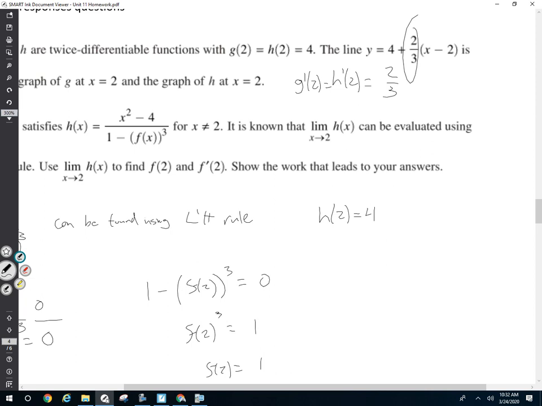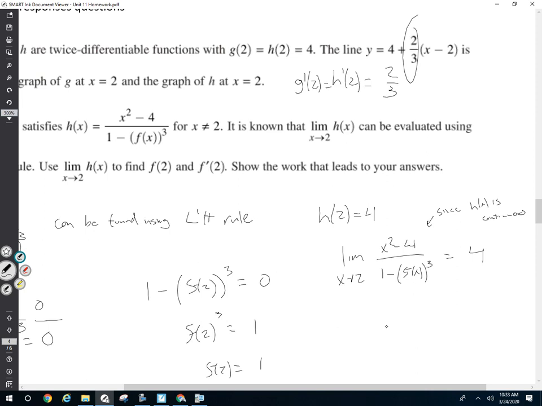Since h of 2 is 4, that means the limit as x approaches 2 of h of x, since the function is continuous, has to equal 4. You plug in 2, you get 0 over 0 because you now know f of 2 was 1.